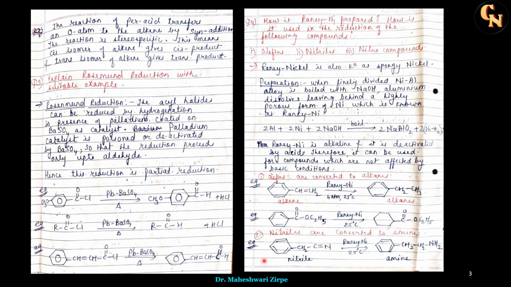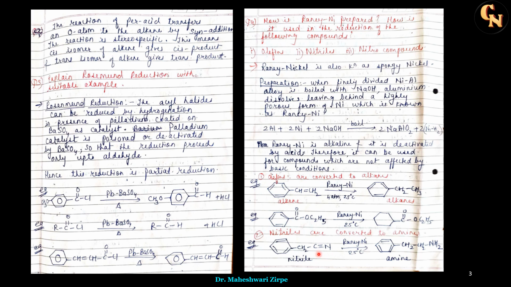Now the next example is of nitrile, which was asked in the question. Nitriles are nothing but cyanides. So nitriles can be converted into amines using Raney nickel. Let us see the example. A benzene ring having CH2 and CN, that is cyanide, which is also called nitrile. When Raney nickel is introduced with this cyanide, the reduction takes place and the cyanide is converted into an amine.